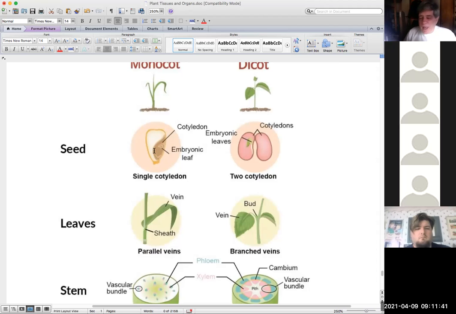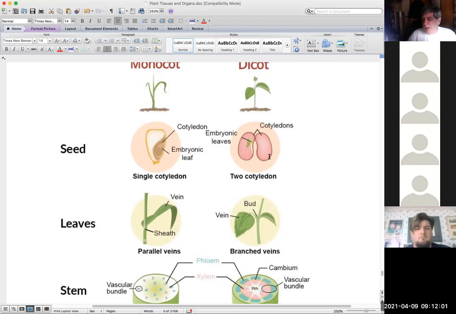Now notice that it's not always easy to tell whether a seed is a monocot or a dicot. You might think about a corn kernel and you might say that's pretty obvious, but with some dicots, the parts are so tightly clasped together that it's very difficult to separate them.